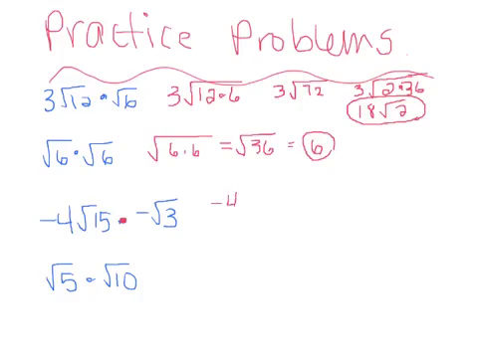So I can say -4, and there's a -1. That's my coefficients. And the radicands are 15 times 3. So the coefficients give me +4. The radicand is 45. Oops.